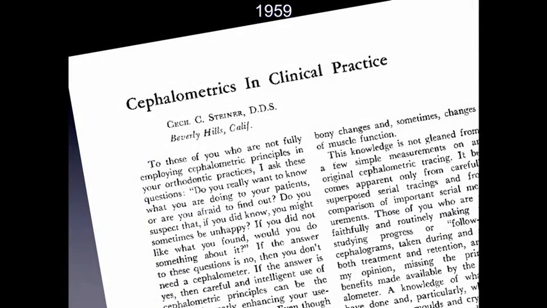To give you a sense of what the orthodontists were thinking at that time, this is actually a presentation given to the Angle Society by Dr. Steiner in 1959. And the beginning of his presentation starts like this. To those of you who are not fully employing cephalometric principles in your orthodontic practices, I ask you these questions.